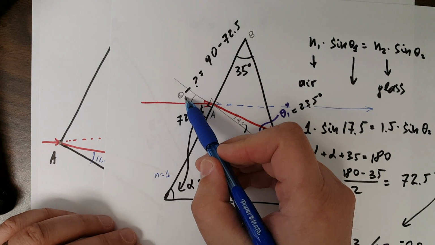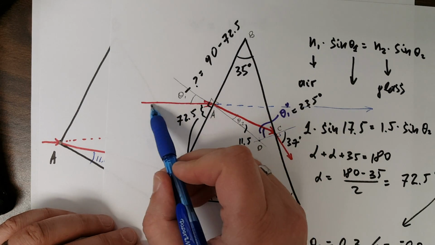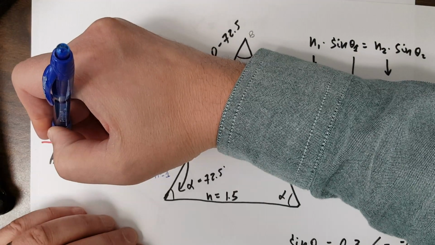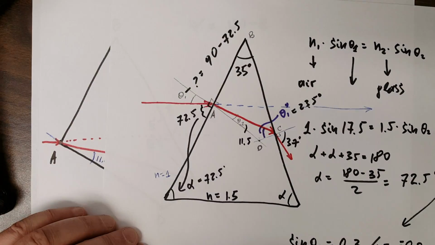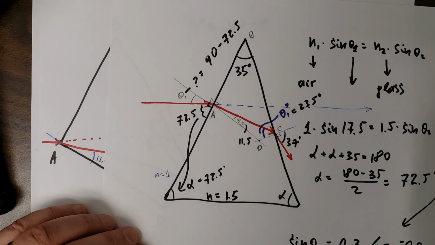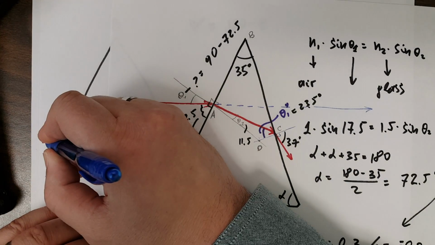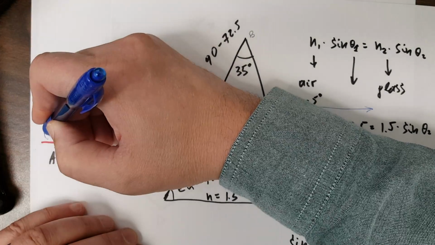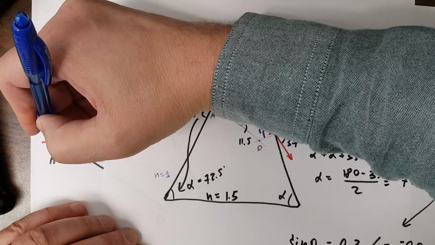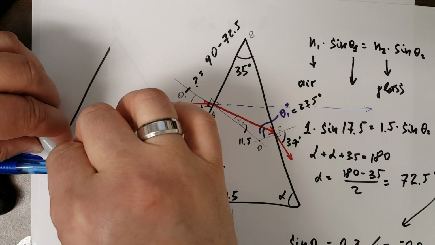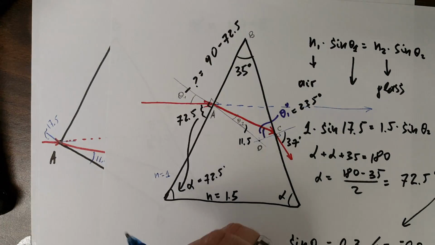The very first angle, theta 1, which has been measured between the incident ray and the normal. That's the normal. This angle is equal to, where was it? 17.5. So we have two straight lines crossing each other. These angles must be equal to each other.